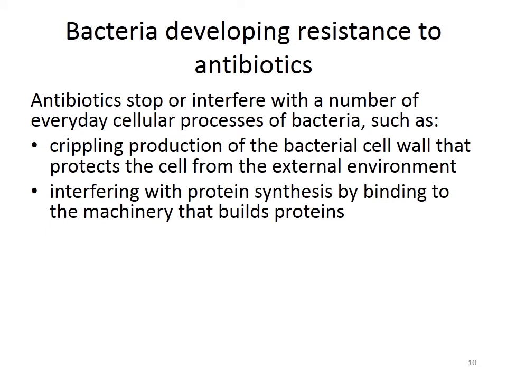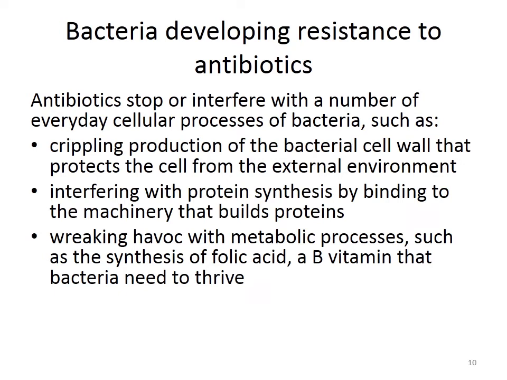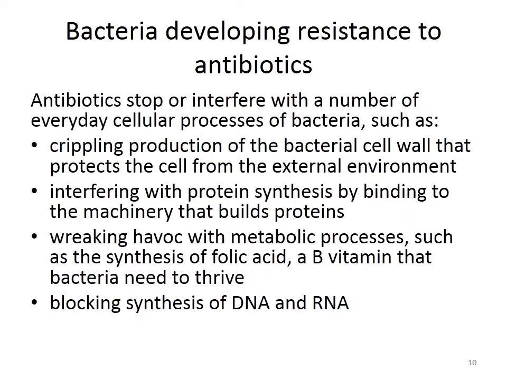They can interfere with protein synthesis, and they can cause problems with metabolic processes, such as the synthesis of things that bacteria need to thrive, such as folic acid and vitamin D. And they can block synthesis of DNA and RNA of the bacteria, preventing them from replicating properly.